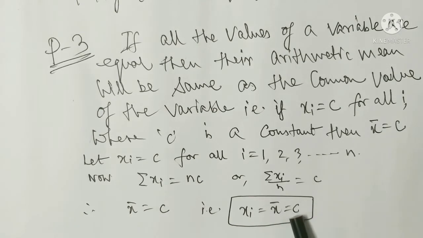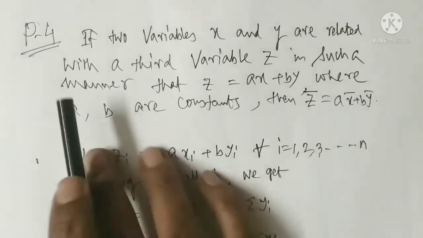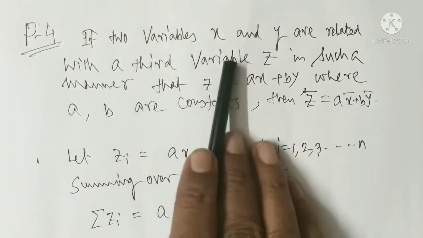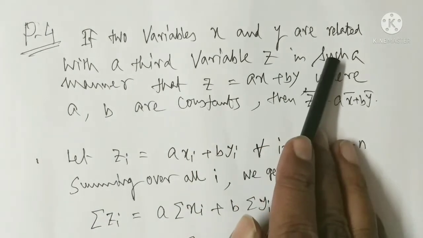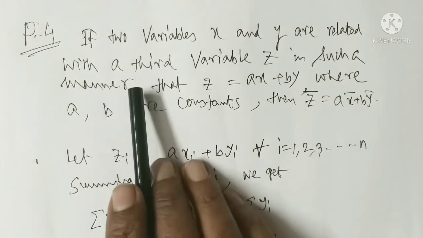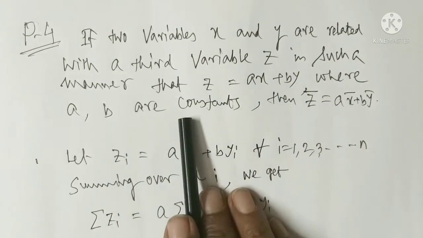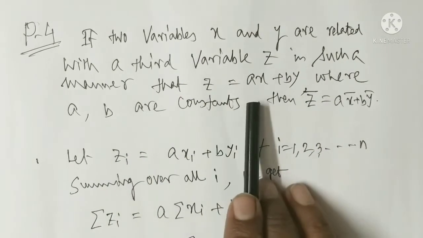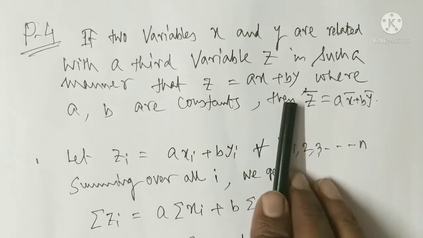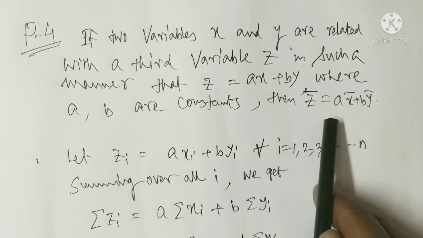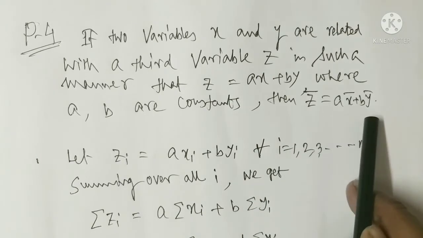Now we turn to the fourth property. The fourth property is, if two variables x and y are related with a third variable z in such a manner that z equals ax plus by, where a and b are constants, then z bar equals a x bar plus b y bar.